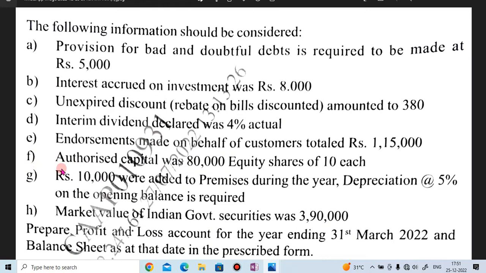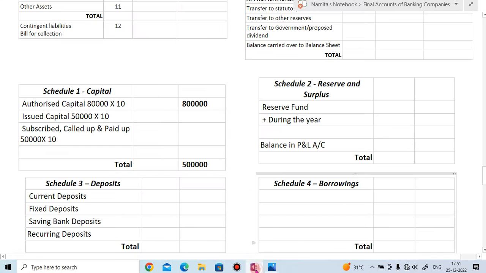Okay, see adjustment number F: authorized capital was 80,000 equity shares of 10 each. So the number of equity shares is 80,000, and multiplied by 10 will give us the authorized capital, 8 lakh rupees. Okay, so 8 lakh rupees is written.